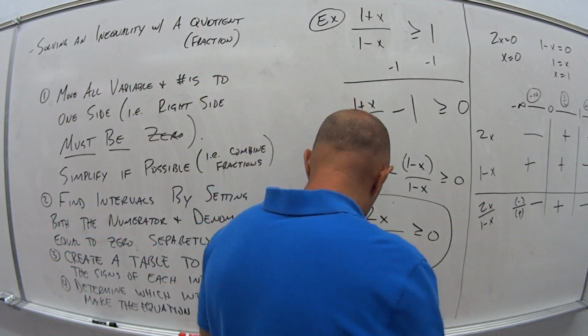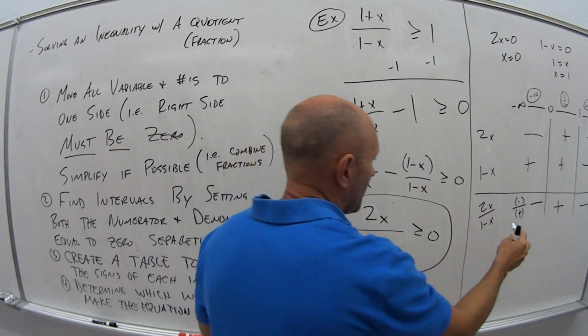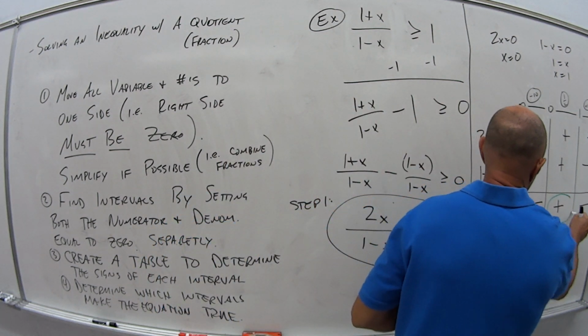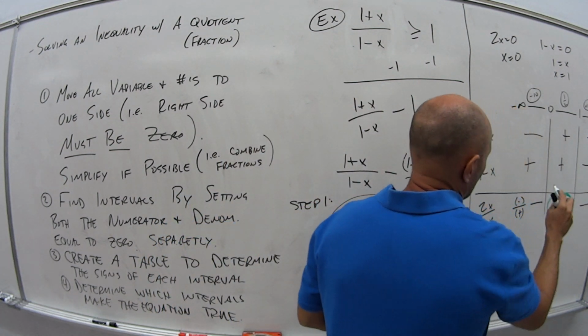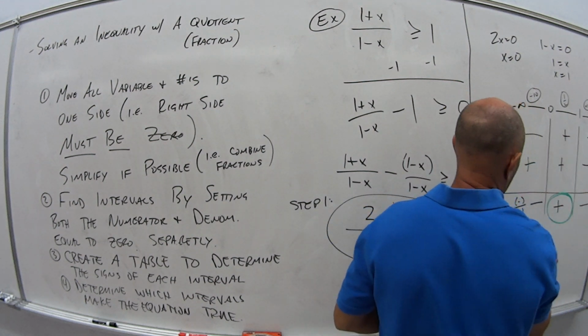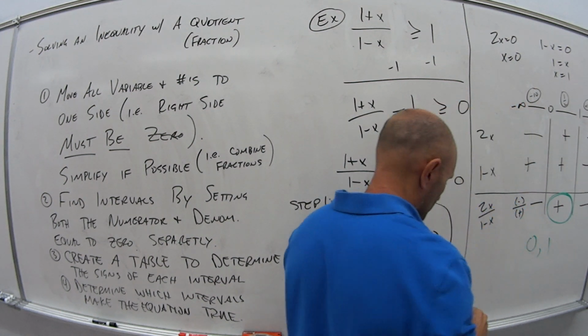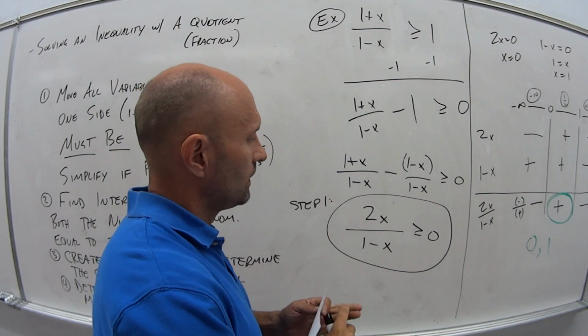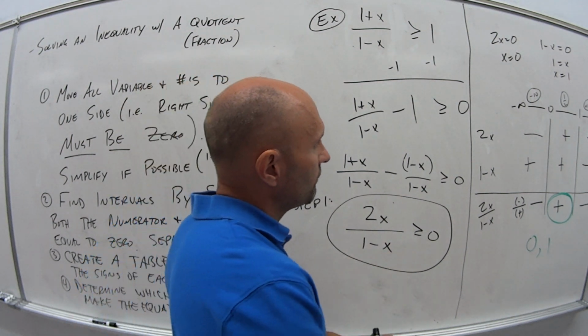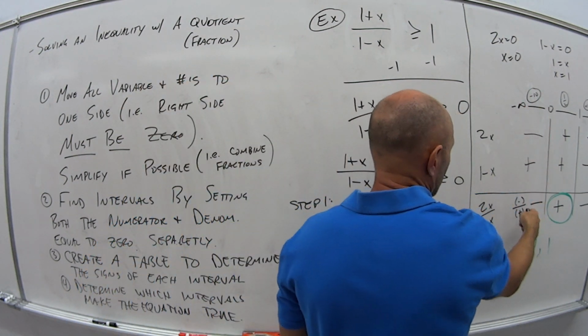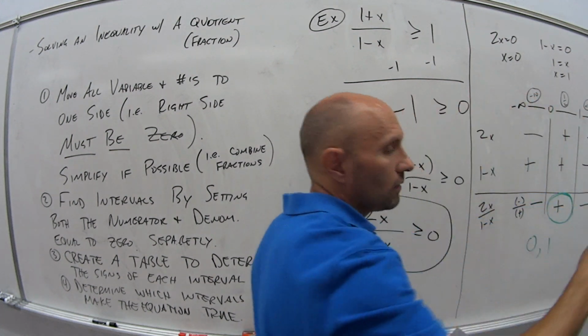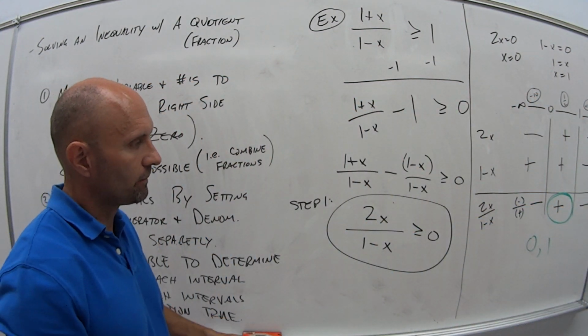Positive. Where is this fraction positive? Well, right here. So that interval is from 0 to 1. If I wanted to know where this is negative, then it would be negative infinity to 0, and then 1 up to positive infinity.